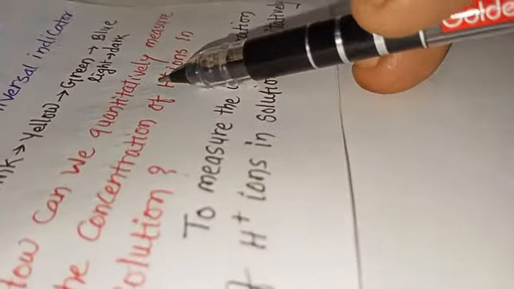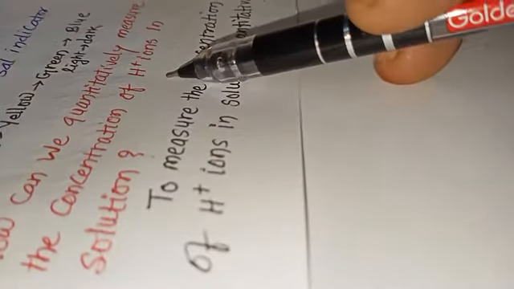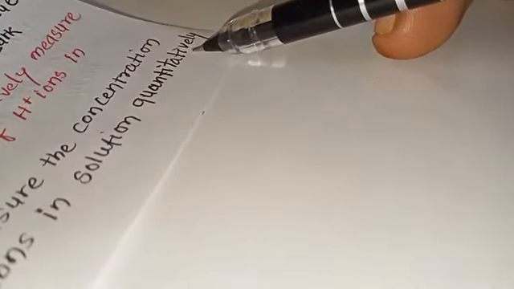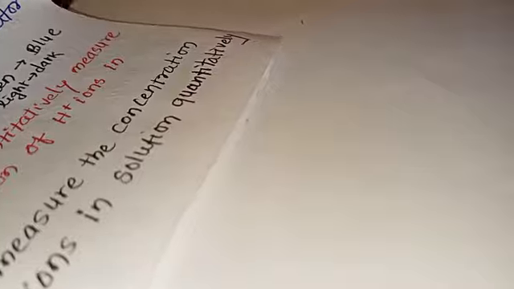How can we quantitatively measure the concentration of H plus ion in a solution? To measure the concentration of H plus ion quantitatively in the solution, we developed a scale. This scale is called the pH scale.